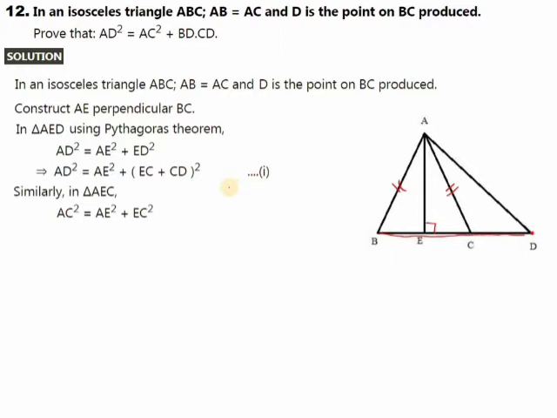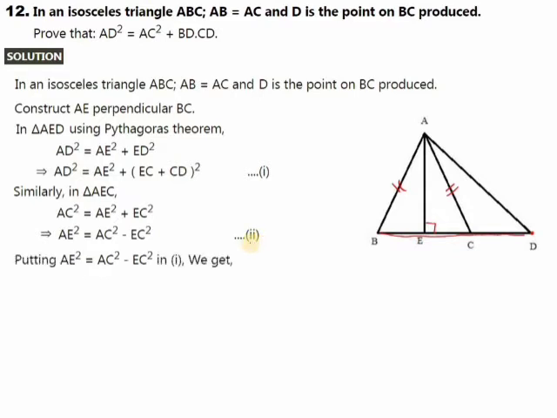Now similarly in triangle AEC, AC acts like the hypotenuse, so AC square is equal to AE square plus EC square. From here, AE square turns out to be AC square minus EC square. Call this equation number 2.